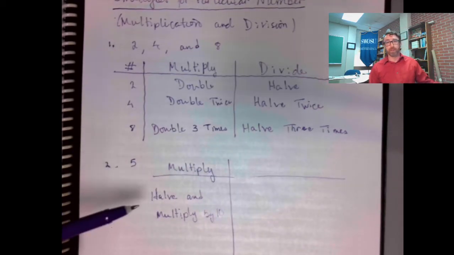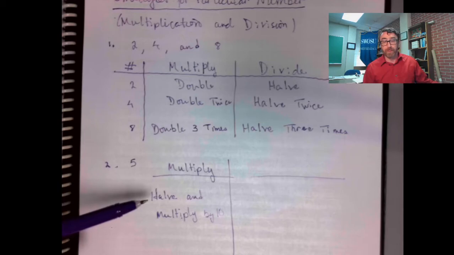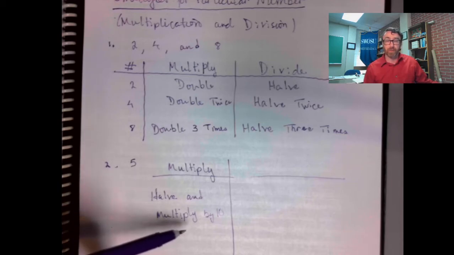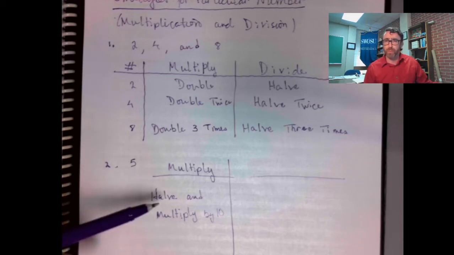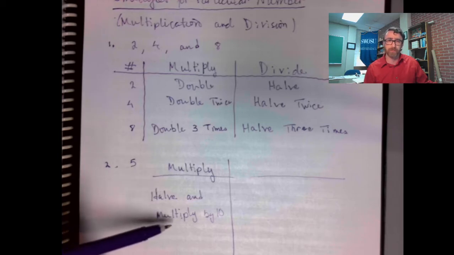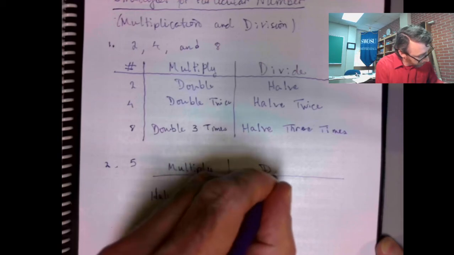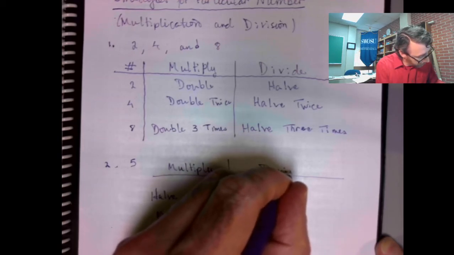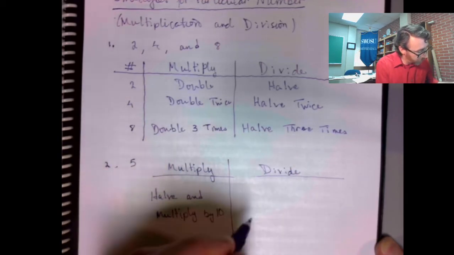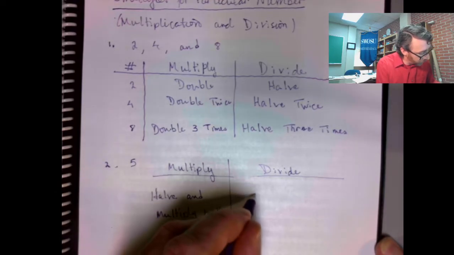Okay, so if you're multiplying by 5, you can take that number, cut it in half, then multiply the result by 10. You can also switch these steps, so you can multiply by 10 first and then cut in half if you need to.